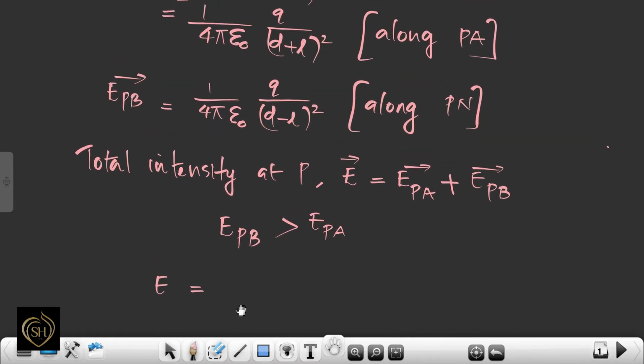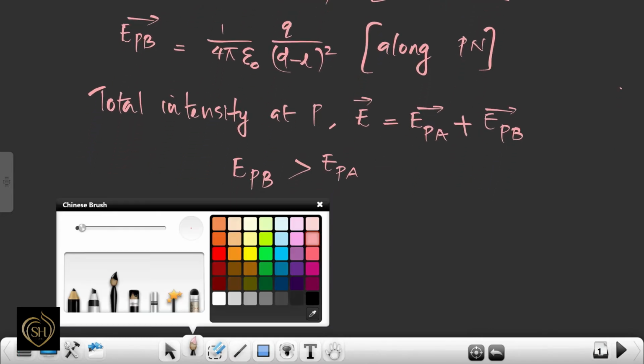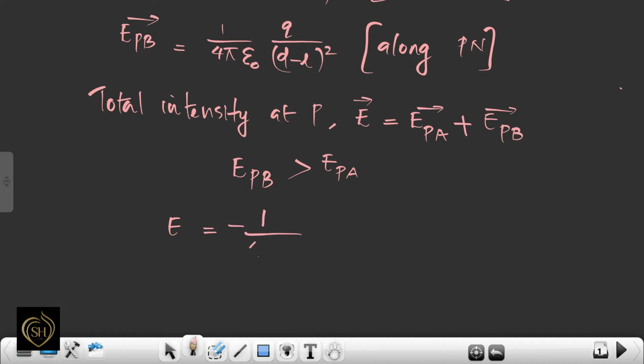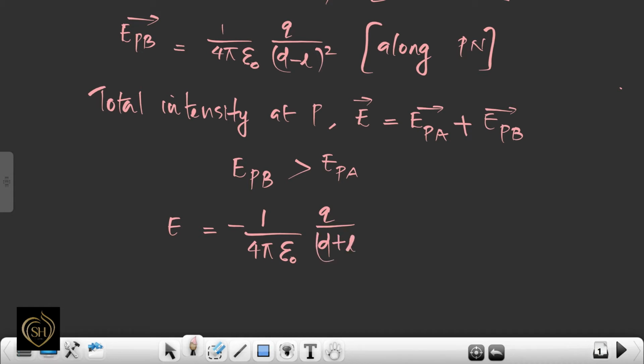It is minus 1 by 4 pi epsilon 0 Q by (d plus L) the whole square, plus, what is EPB? It is 1 by 4 pi epsilon 0 Q by (d minus L) the whole square.